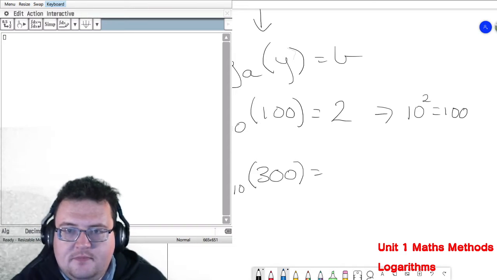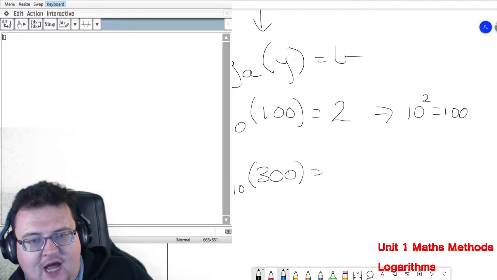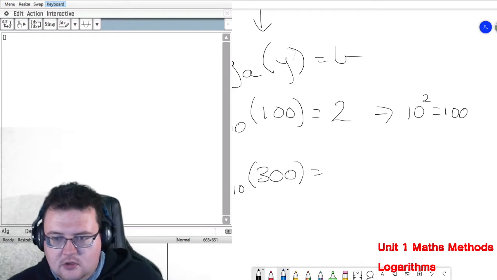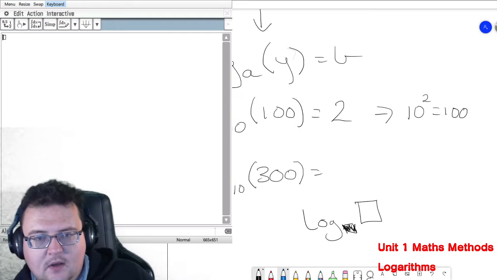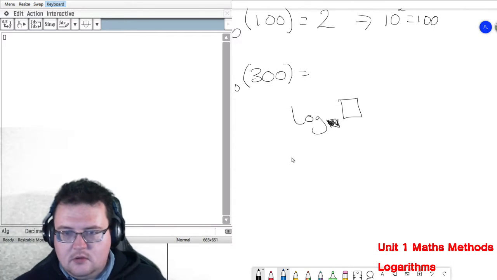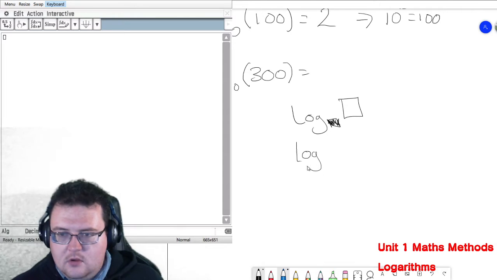Now on the keyboard, which doesn't quite work on the screen here, when you press the keyboard button under Math 1, you will see two buttons. One looks like this, log, and another looks like log 10 bracket.